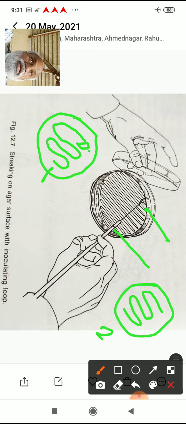Because of this dilution gradient, crowding of the colonies will not occur. Instead, one can get the development of isolated colonies after a few days on the surface of the agar medium.